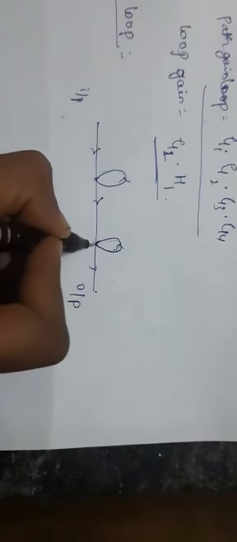Take G1, G2, G3, G4, G5. The self loop gain will be G1 only, because it has only one branch. And self loop 2 is only G4, because it also has only one branch.